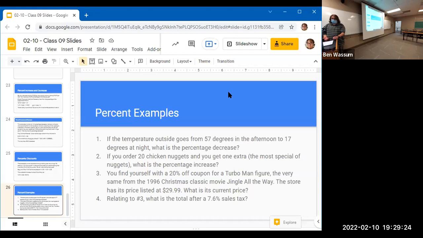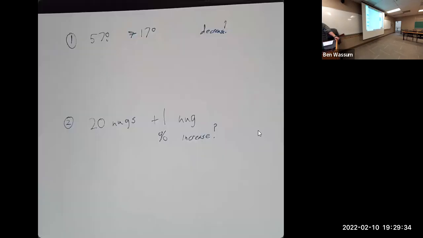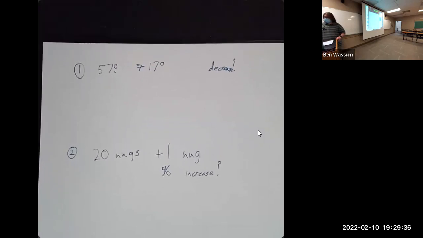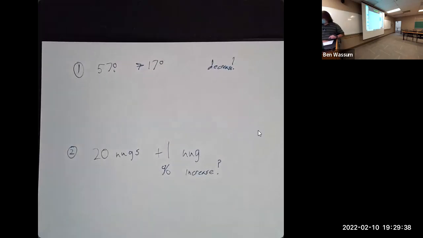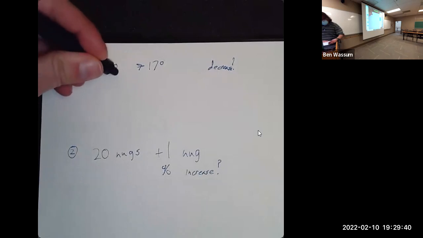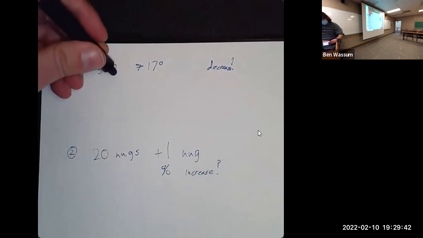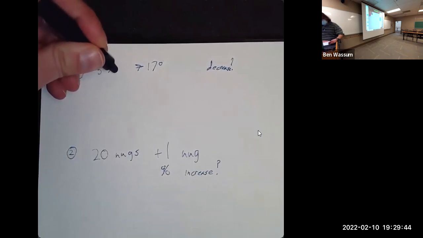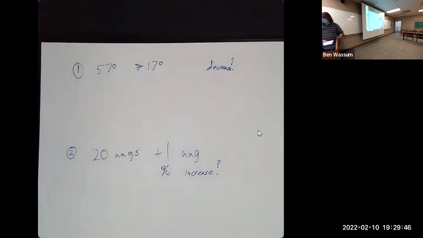Which is essentially asking, what percentage did we just pull off from that? So I'll write those first two down first. So we have 57 degrees and we're going to 17 degrees. And we want to know what the percentage decrease is.